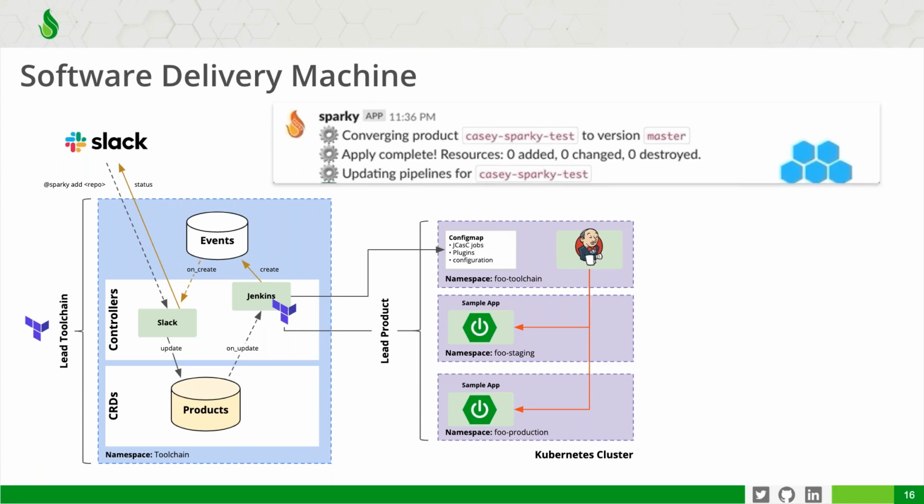Installing Kubernetes and setting up a lot of the installations was done automatically via Slack commands through this Sparky interface that you had added, and that helped drive the reality of using this.